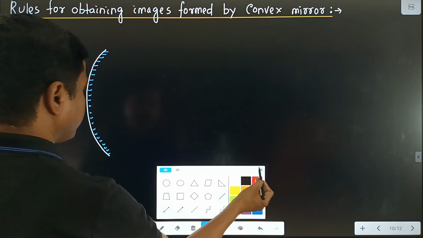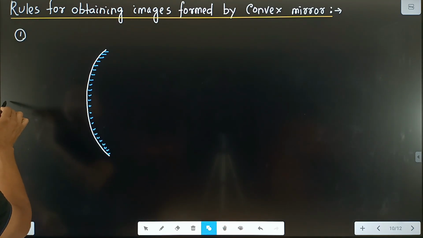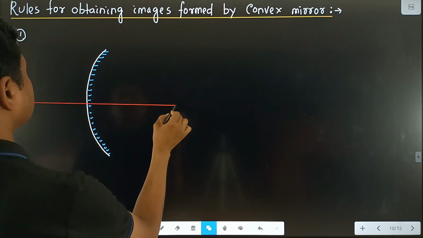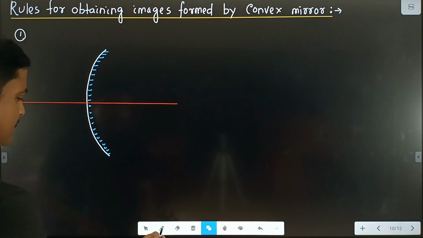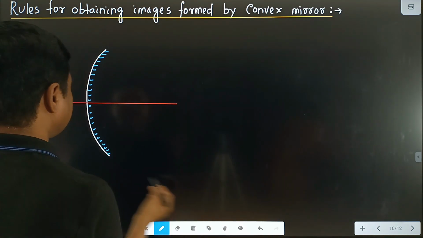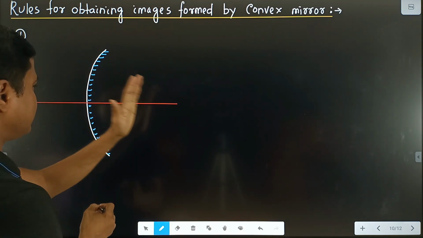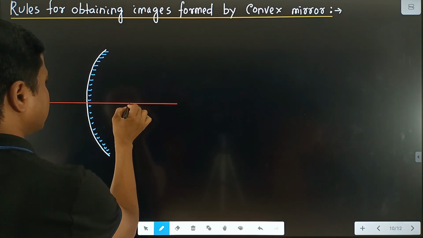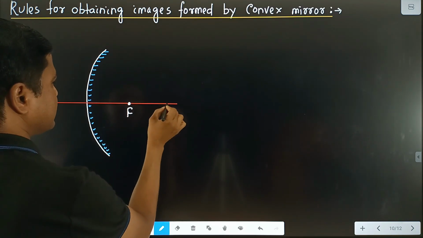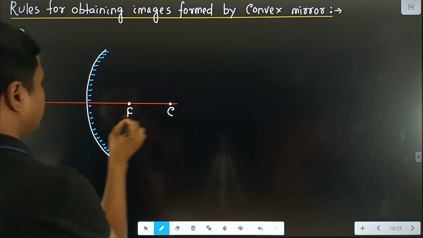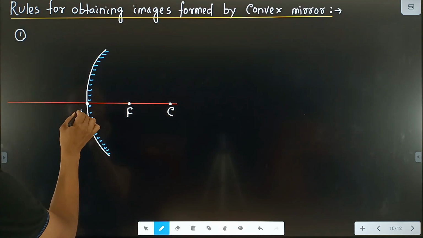And you draw the principal axis just like for the concave mirror. This one is your principal axis. In case of convex mirror, on the right side, focus is there, and center of curvature is there, and this point is the pole.